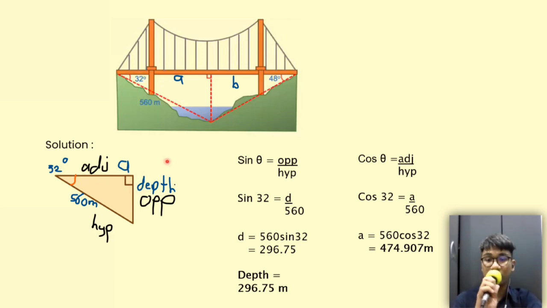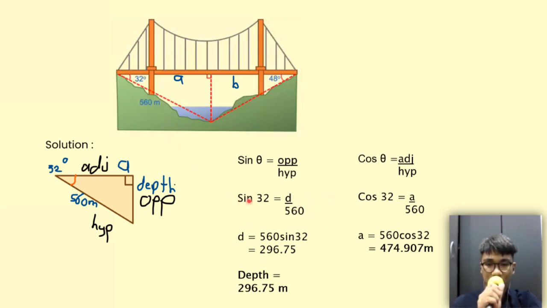First of all, we are going to search for the depth, and for that we are going to use the sin formula, which is sin equals opposite divided by hypotenuse. So we put the 32 degrees that we are given here, equal to D. D is the depth, which is the opposite, so we just replace it with the opposite, and then we put the hypotenuse, which is given here, 560 meters.